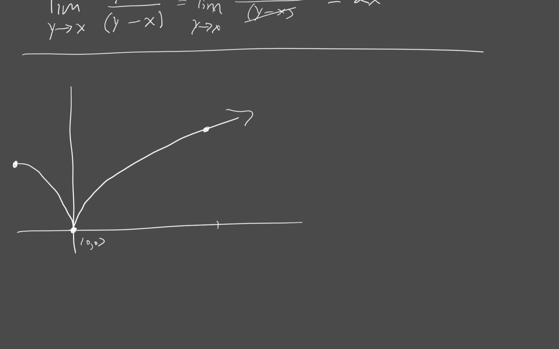Let's say this is at 2, and this is at minus 1. Let's say that's at 1, and that's at 2. And maybe that's the square root of 2.